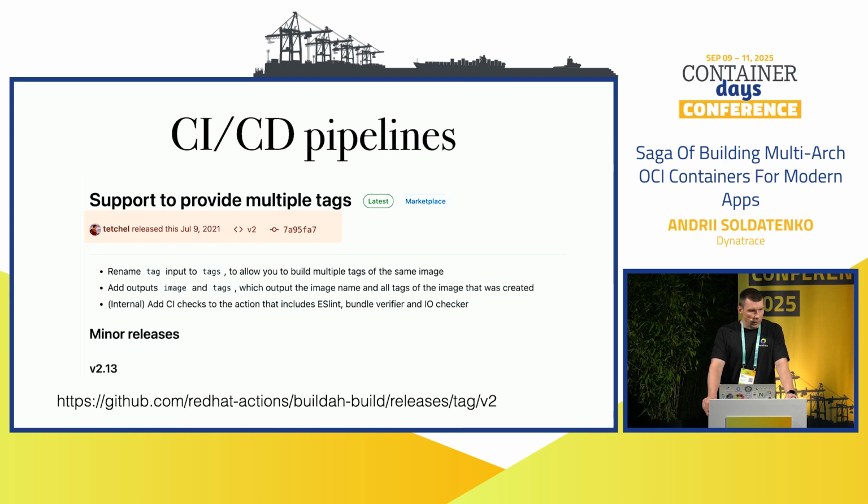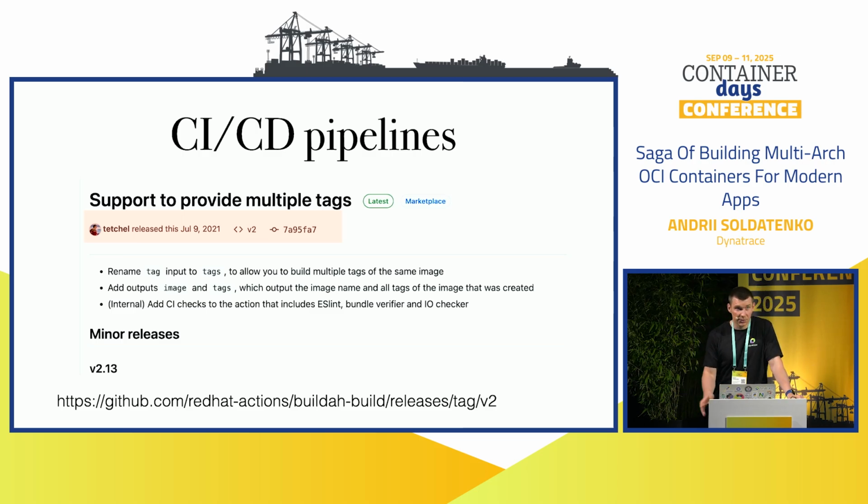Another problem, we found a Buildah GitHub Action and it was pretty nice, but if you read this red signature, the last release was when? 4 years ago? And then I saw they made a release last year, so like one release in 3 years.